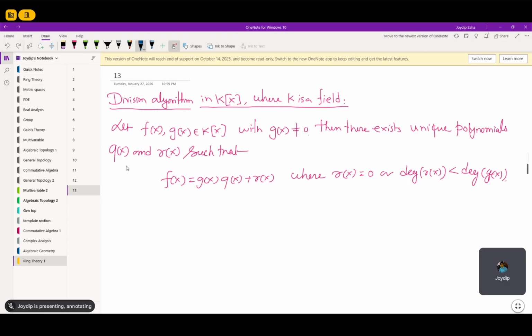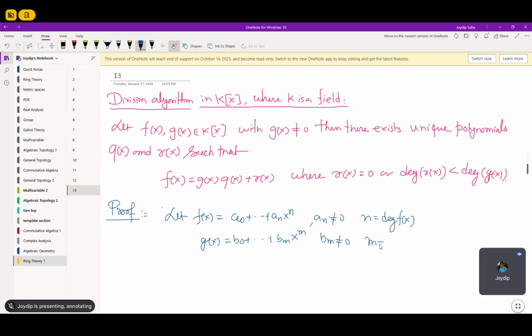So the proof is very easy. Let f(x) equal a0 plus ... plus an x to the power n, an not 0, n equals degree f(x), and g(x) equals b0 plus ... plus bm x to the power m, bm not 0, m equals degree g(x).